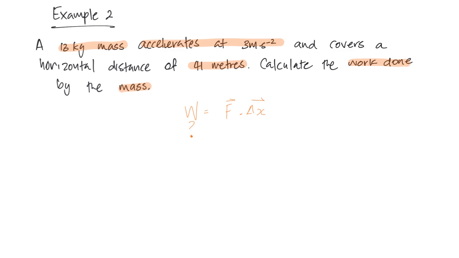I've got the delta X, which is 41 meters, but I don't have the force. What I do have is the mass, which is 13 kilograms, and I've got the acceleration, which is 3 meters per second squared. Hopefully you're looking at this information and you can recognize that I can find the force.